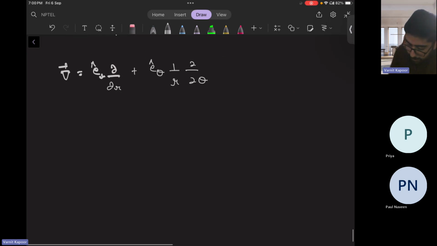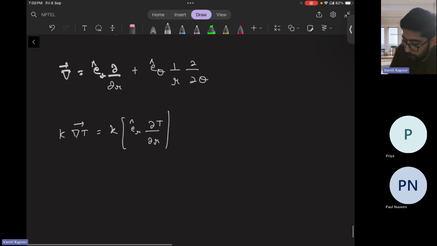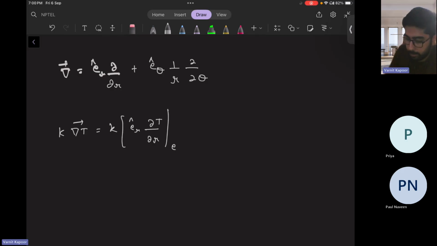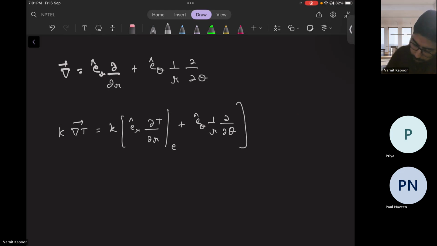So K grad T can be written as K times the unit vector E R dou T by dou R at each face, plus E theta 1 by R dou T by dou theta. If I say it is the east face, then I can write this for east, and this will be R of east as well.